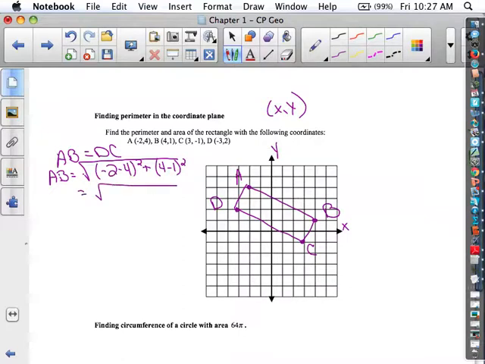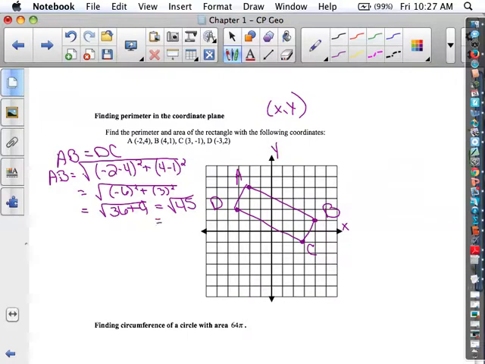So I get the square root of (-6) squared plus 3 squared, which gives me the square root of 36 plus 9, which equals the square root of 45.